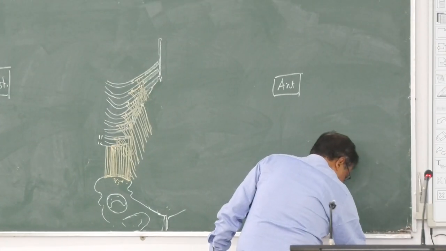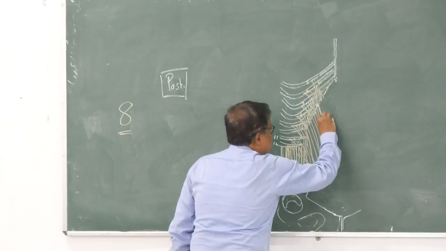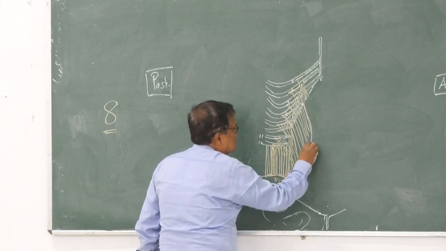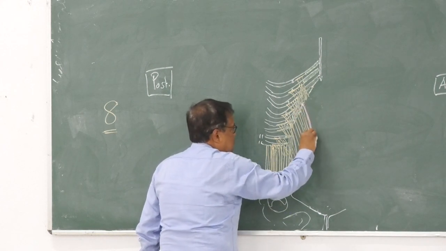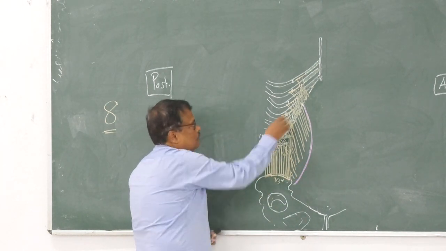When does it change? From the tip of the ninth costal cartilage up to this. What have I drawn?